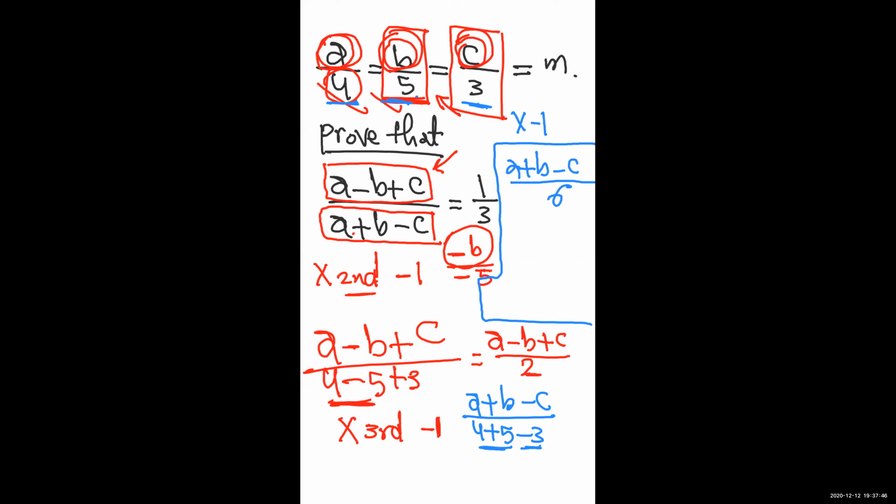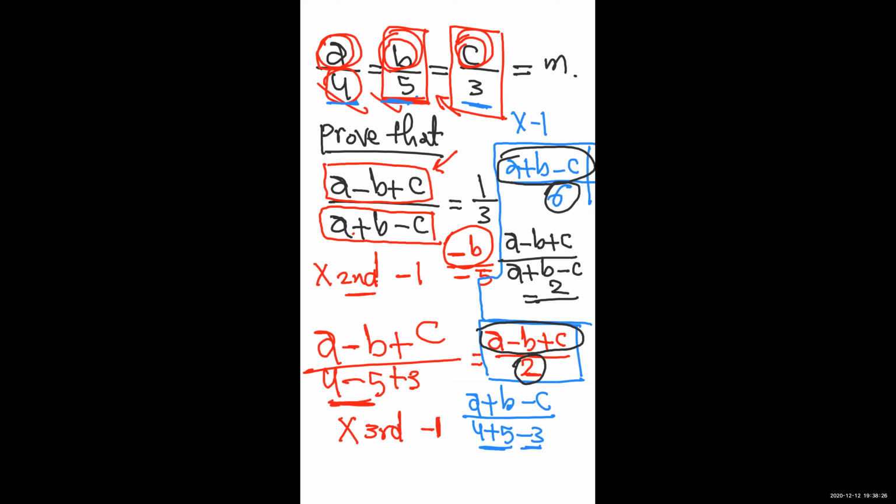Now this one is one from the given ratios. The antecedent of the first over the second will equal the consequent of the first over the consequent of the second. So I can write that the antecedent of this one, which is A minus B plus C, over the antecedent of the second, which is A plus B minus C, will equal the consequent of the first, which is 2, over the consequent of the second, which is 6.